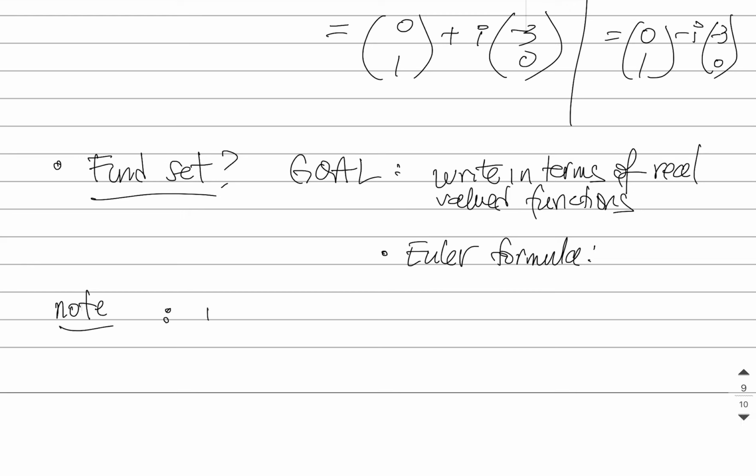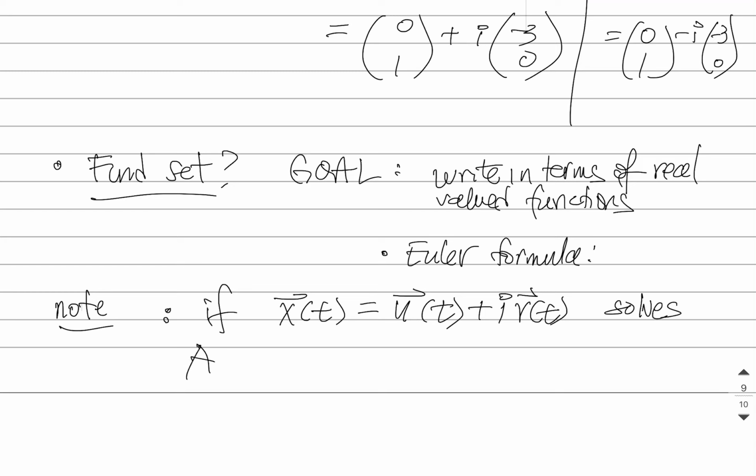Now, note, if I have a solution x of t, and it has a real part and an imaginary part, both vectors, and if this x of t solves my linear system, then here's what you can do.